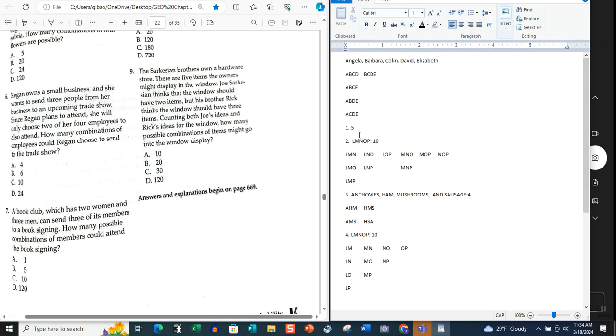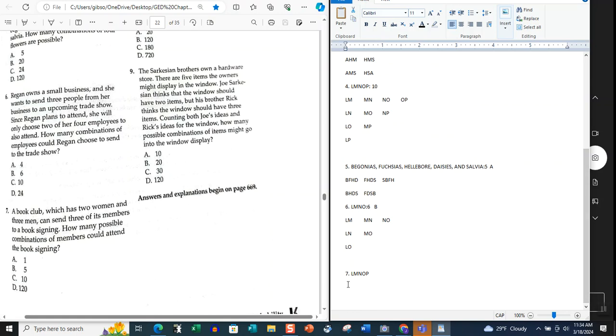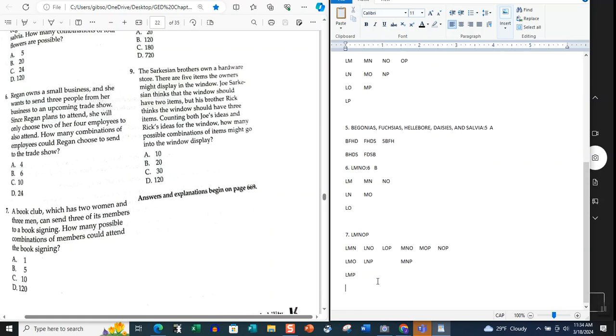So what I'm going to do, I'm going to copy this. See if I could copy this in this different program here. Doesn't seem like it's letting me copy. And I will put this down here so you can have this in your notes. So these are the combinations.